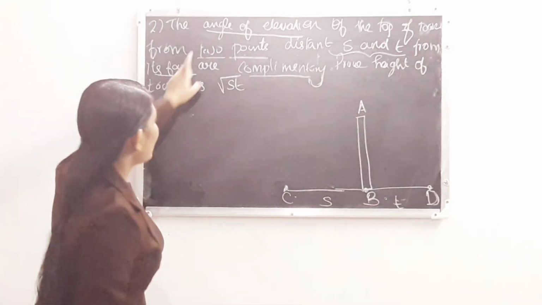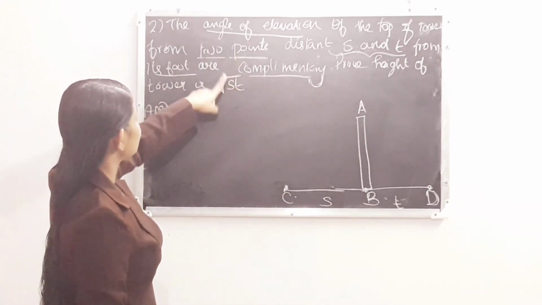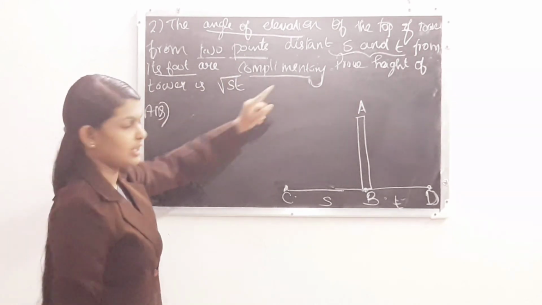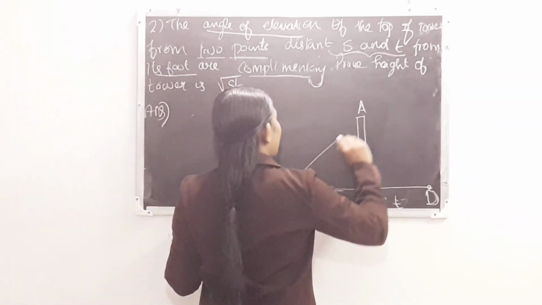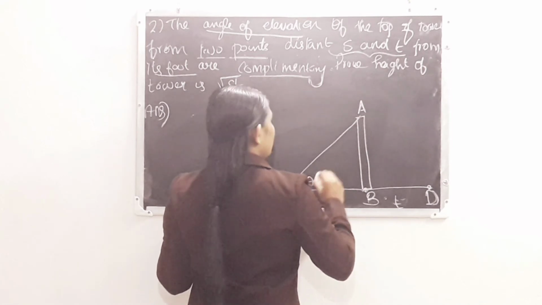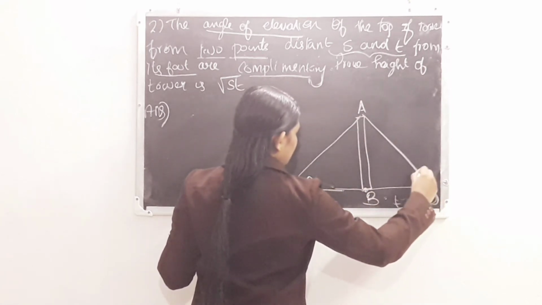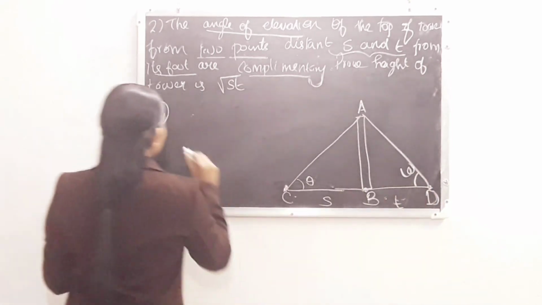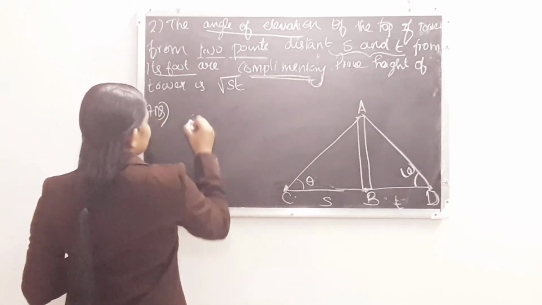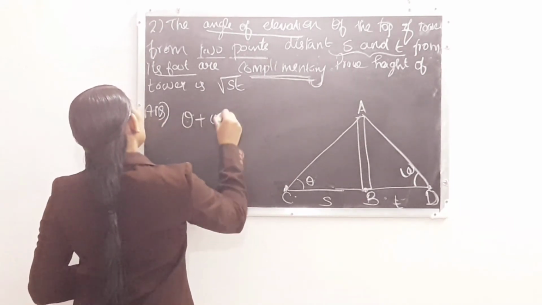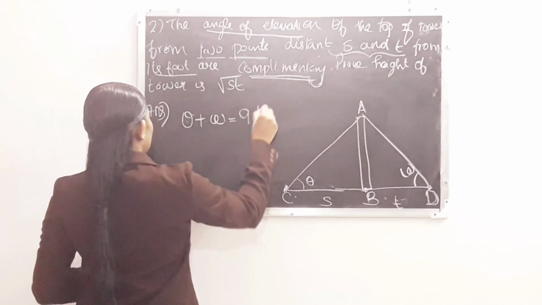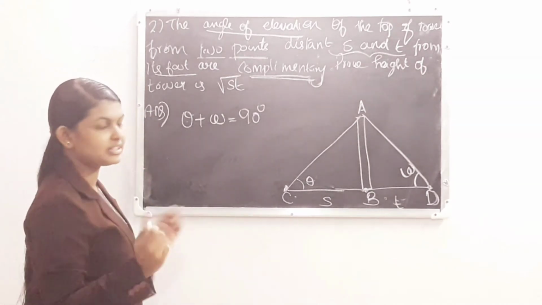Now the angles of elevation are given as complementary. That means we can consider one angle as theta and the other as omega. The meaning of complementary is that theta plus omega will be equal to 90 degrees.